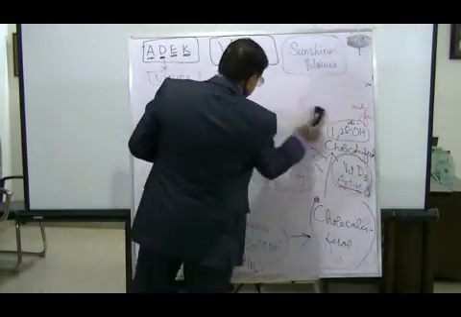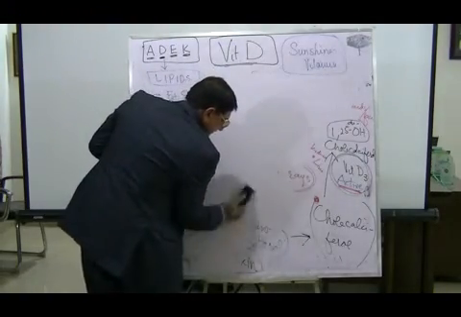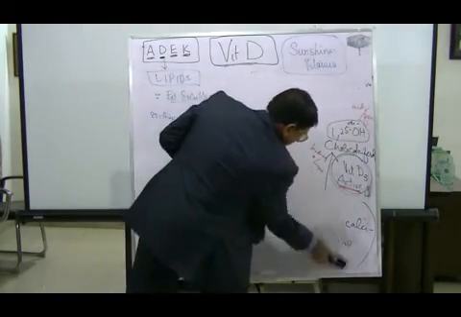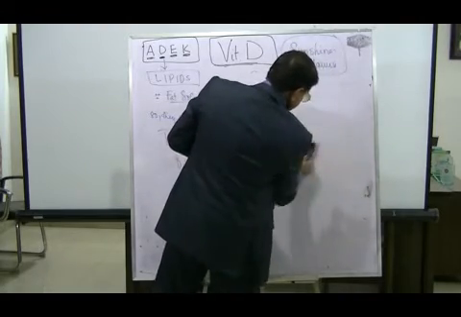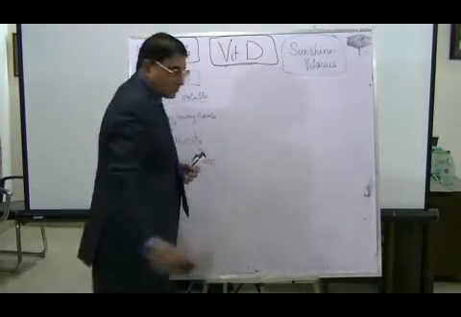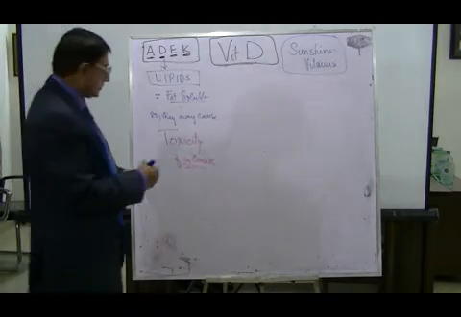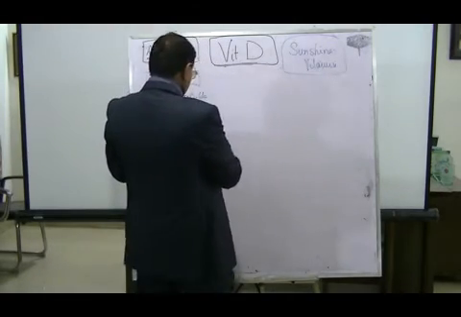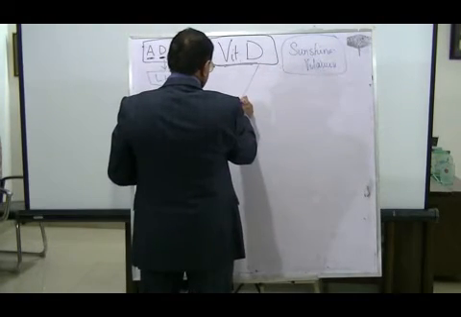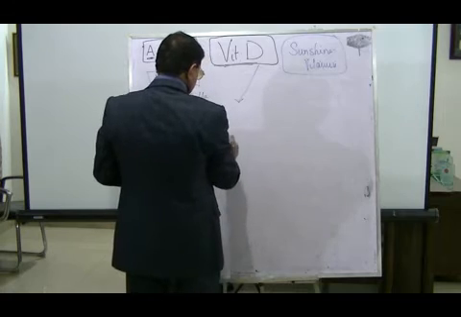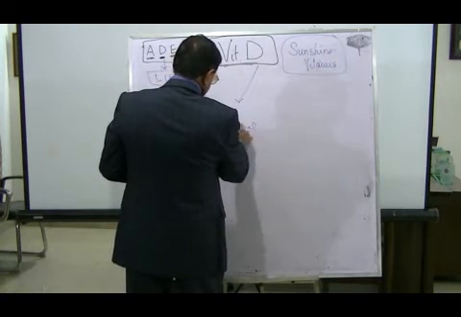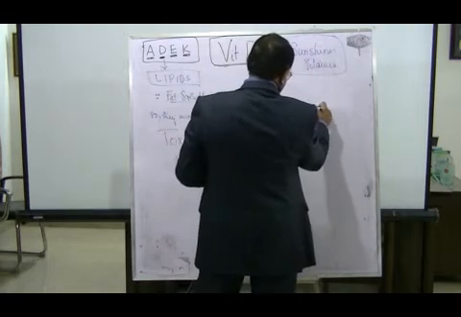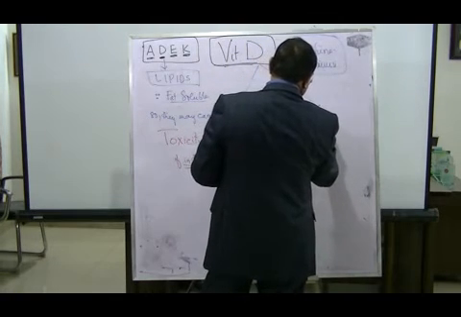Now vitamin D is present both in the animal kingdom and in the plant kingdom.